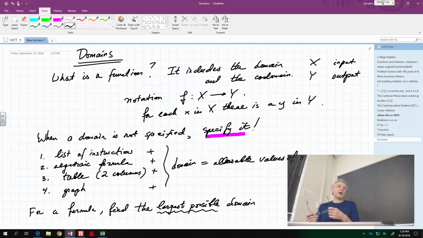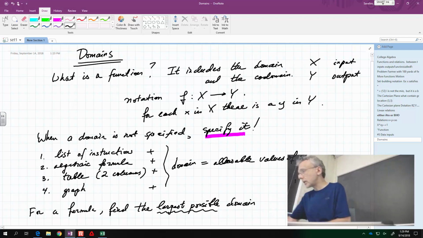Remember the problem with the farmer, right? The function we were talking about was the area of the enclosure as a function of the width of the enclosure. The formula was very simple. I believe it was something like W times (50 minus W).